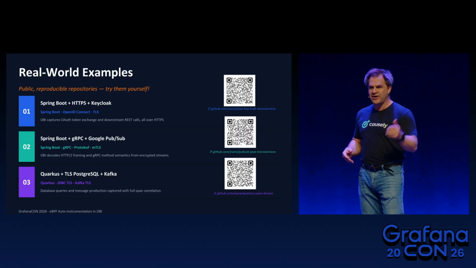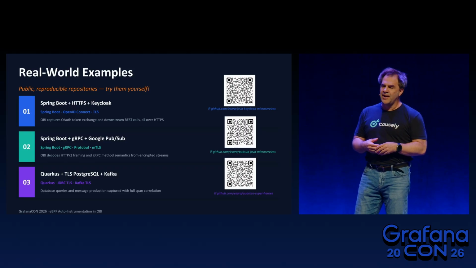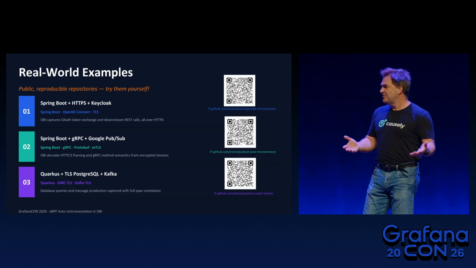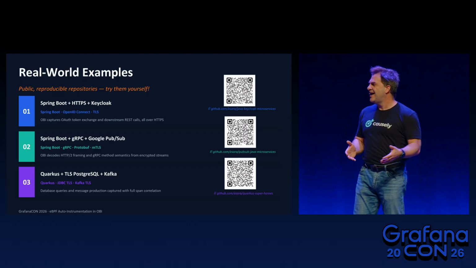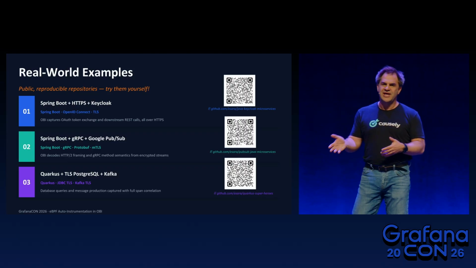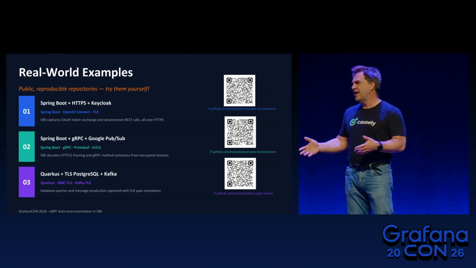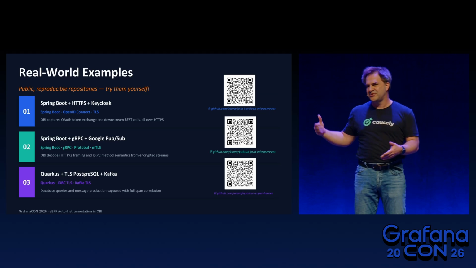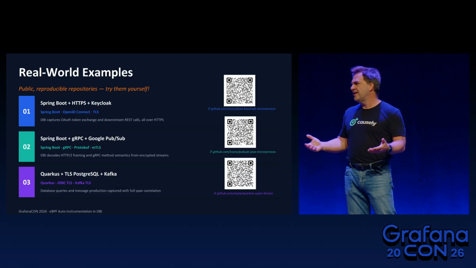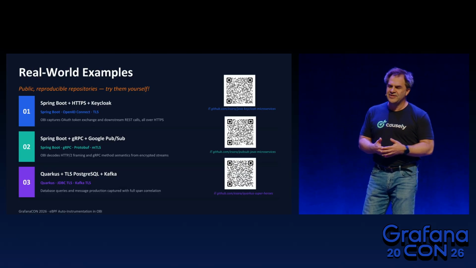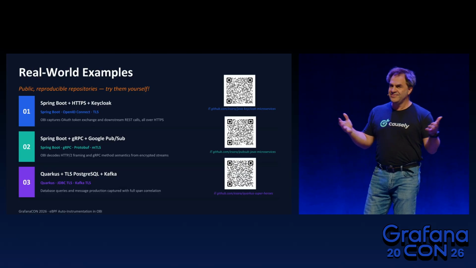Each of these can be deployed by a simple Helm chart in your own Kubernetes cluster. If you want to try any of these combinations with Beyla, I have a branch that does native OTel instrumentation on each one of them, and then a branch that removes all the OTel instrumentation so you can see how they work with Beyla or without Beyla with the native instrumentation. Have a lot of fun.